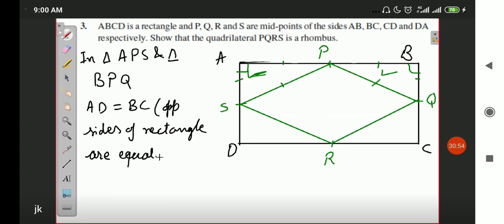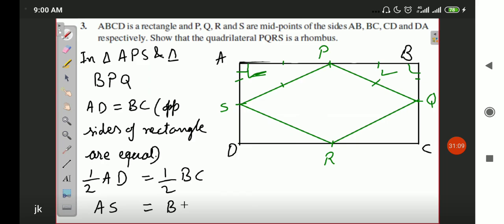Next, half of AD is equal to half of BC. Half of AD is AS and half of BC is BQ.